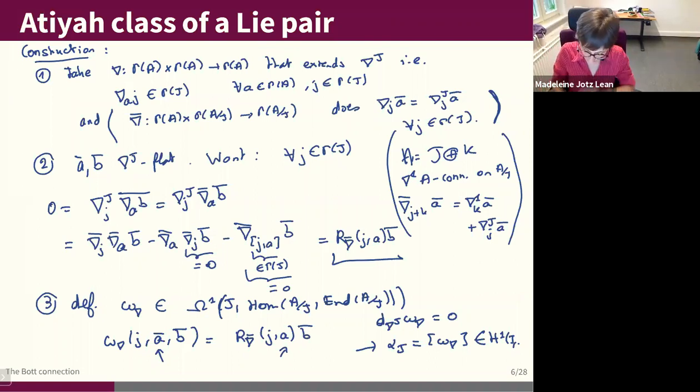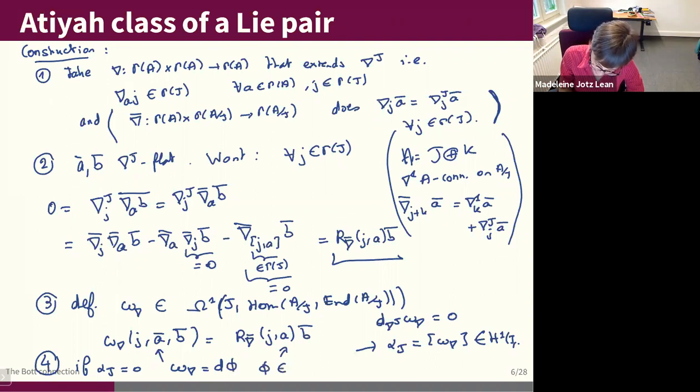And then if this Atiyah class vanishes, so if alpha j is 0, then starting from any extension like that, we get that omega nabla is nabla of phi, for phi in the 0 form.